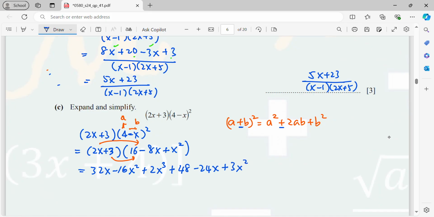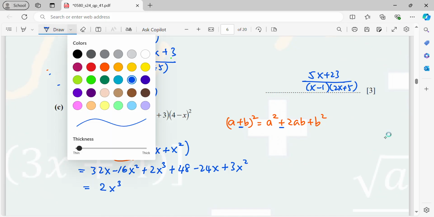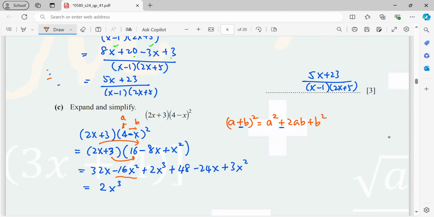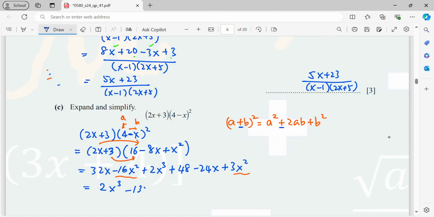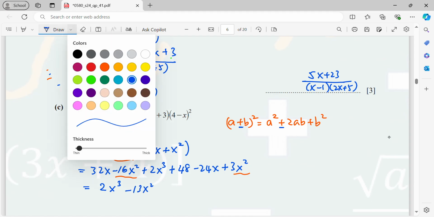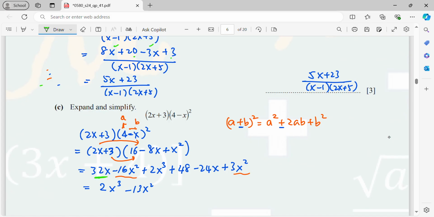Now just simplify all. First the term with degree 3, followed by the x squared terms. Simplify the second and the last term, that is going to be negative 13x squared. Then followed by the term with x, 32x minus 24x is basically plus 8x. Lastly will be just a constant, that is 48. So this is your expansion.